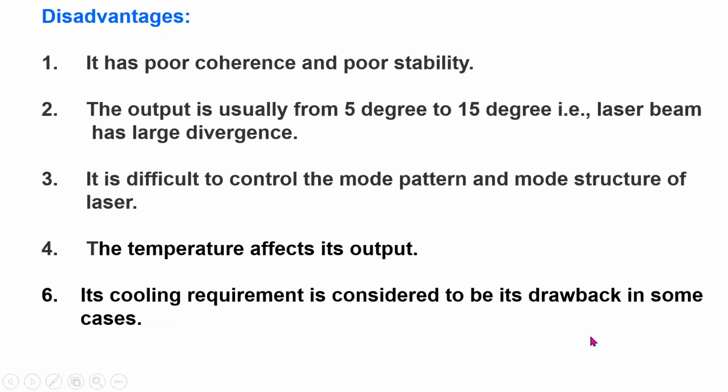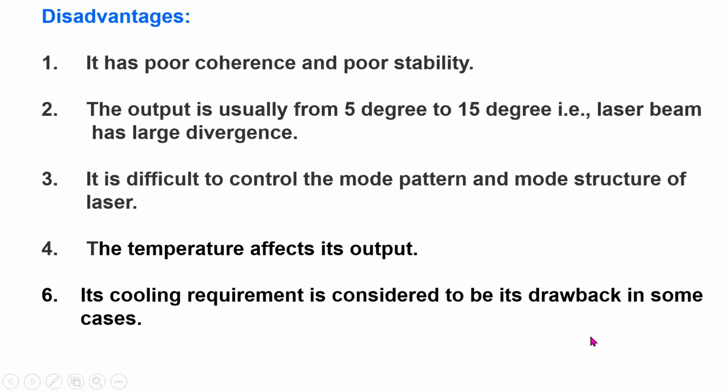So we can say that large beam divergence can be observed in a semiconductor laser. It is difficult to control the mode pattern and the mode structure of the laser.